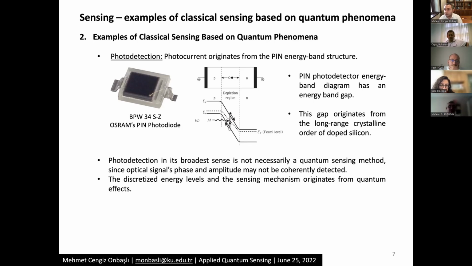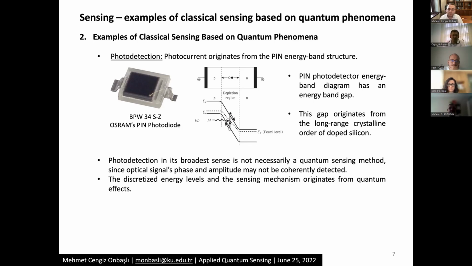So we want to detect entanglement, or we want to detect superposition states, or we want to detect coherent phases of incoming quantum states to be able to have a truly quantum sensing mechanism. But in most cases, photodetectors are used for classical sensing just by using quantum phenomena.